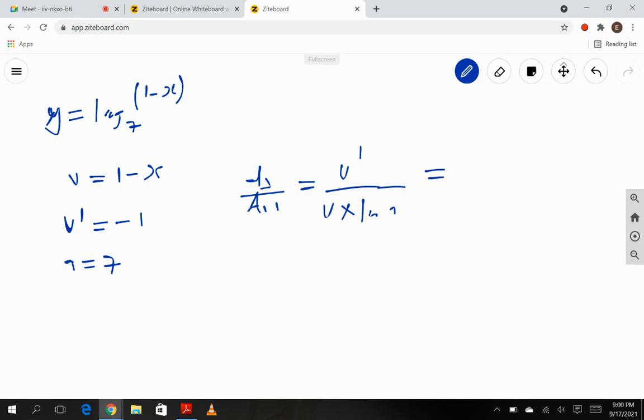So u prime is going to be negative 1 over u, then we have ln 7. Now, when you look at the way this one is, there's basically no way you can break this down to make it a simpler thing, isn't it? It's just really what it is.